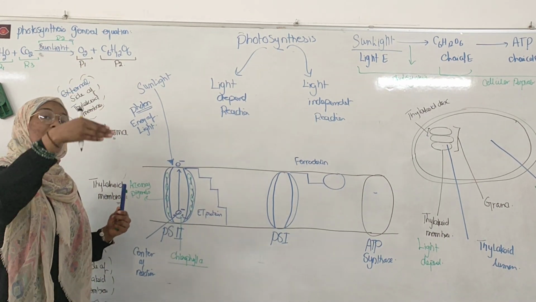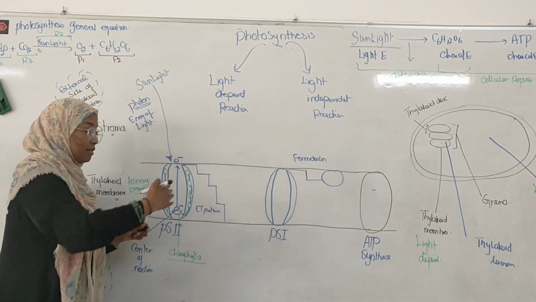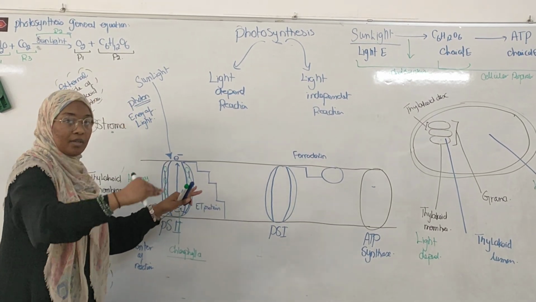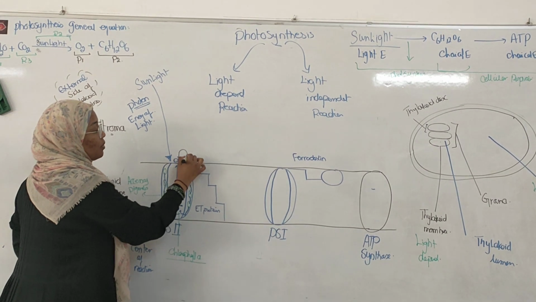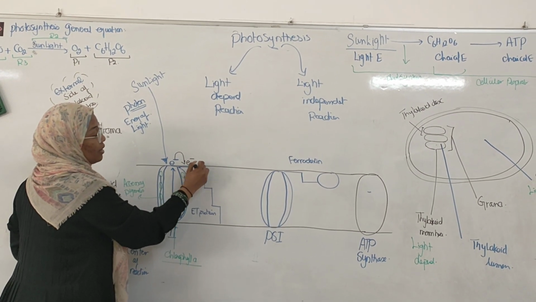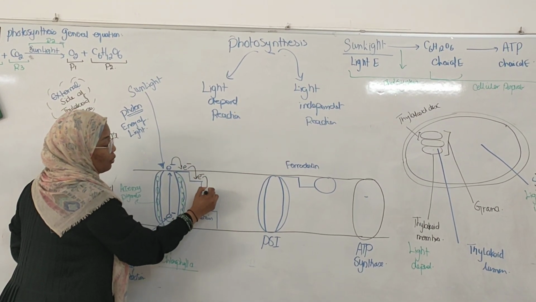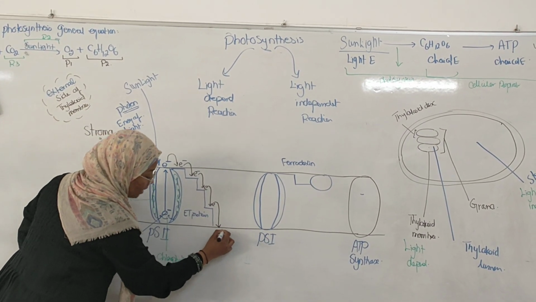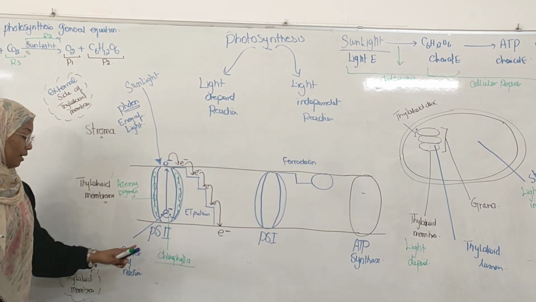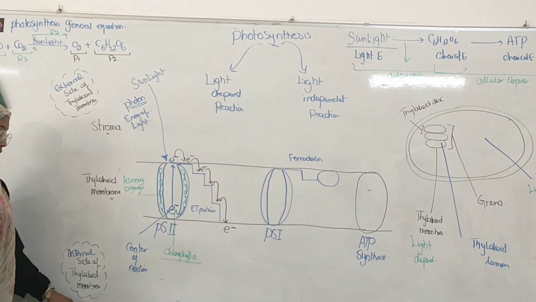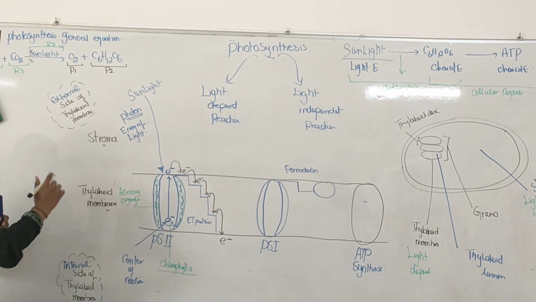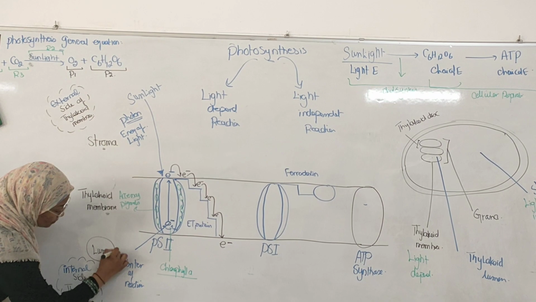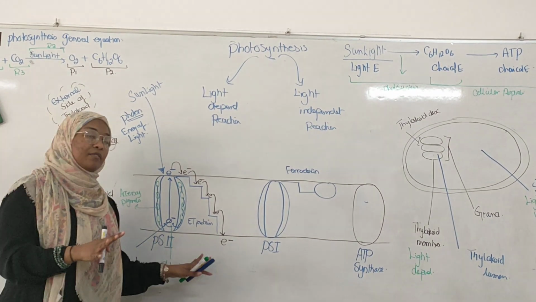So it needs to pass by some integral membrane proteins in a step-down form. So it will jump from over here, lower and lower, until it is back inside the thylakoid membrane, inside the lumen, from where it started.